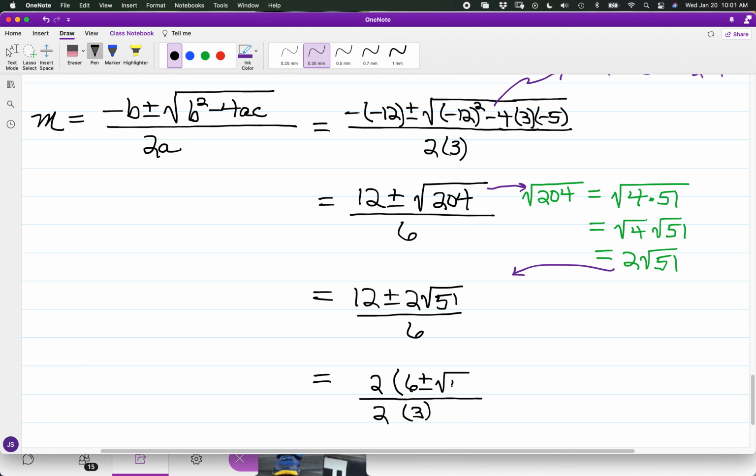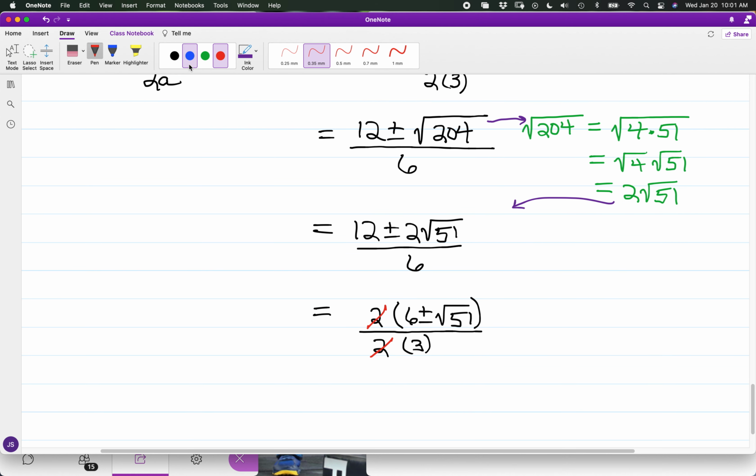And here we're going to have 2's to cancel. And so we have 6 plus or minus the square root of 51 all over 3.